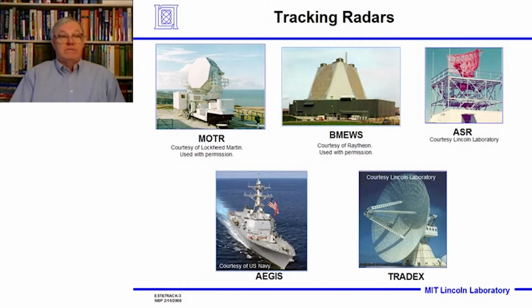All kinds of radars. In fact, just about every radar has this function. Be it ground-based range tracking radars, radars that track ballistic missiles, air traffic control radars, radars on ships that do air surveillance. They all perform this tracking function. And you see some of these radars are phased array radars, and some of them have mechanical scanning dishes.